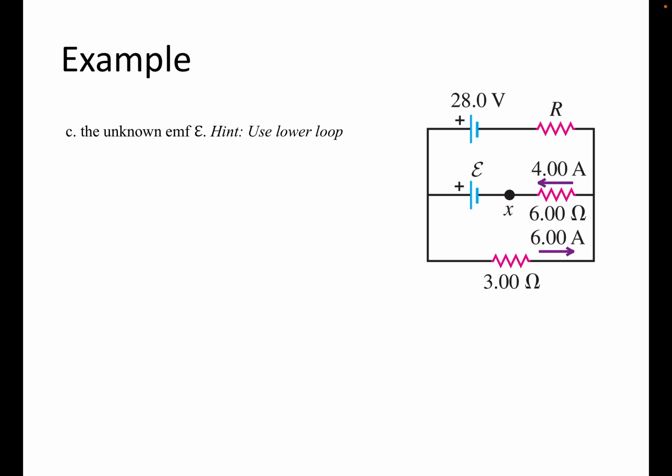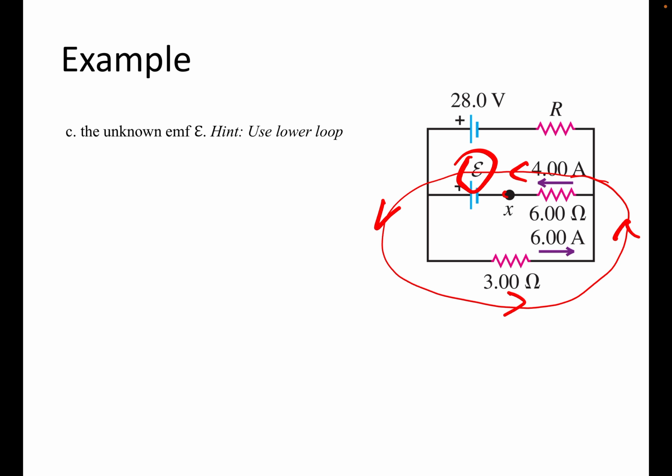Next, we need to solve for this unknown EMF. We can choose the lower loop, also counterclockwise. Let's start from here and go to here first. This starts our loop.